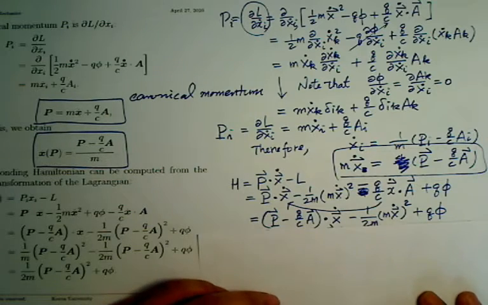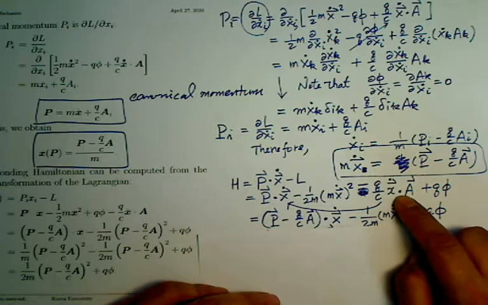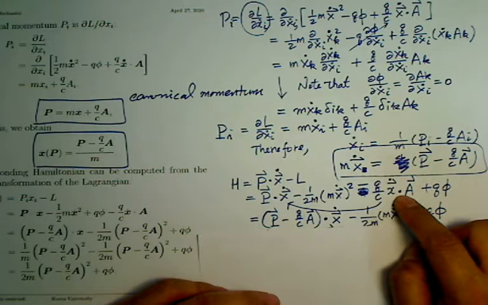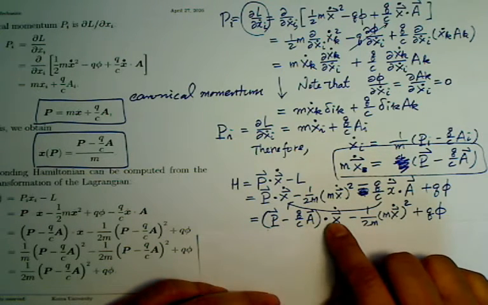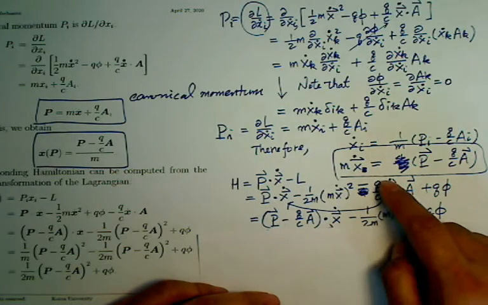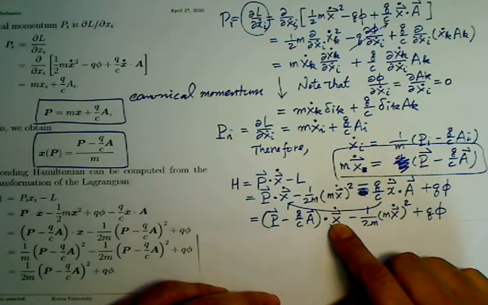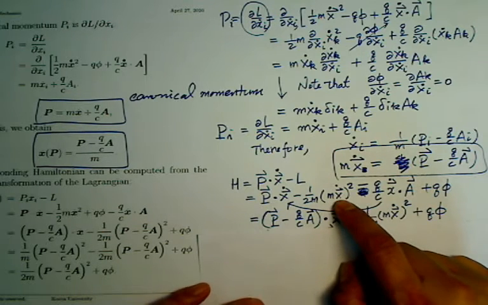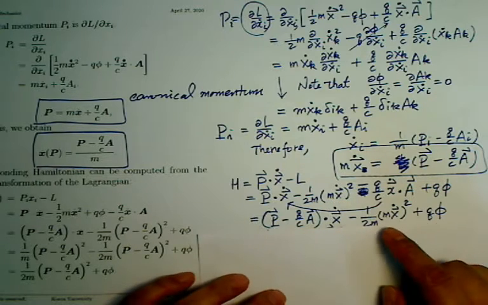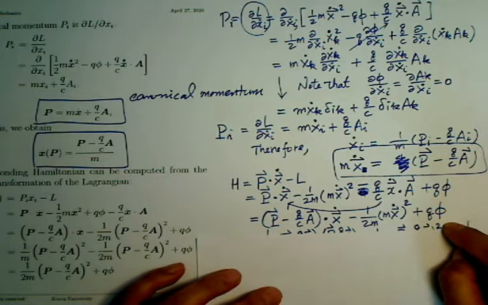Now let us combine these two pieces. Both of them have the vector x dot. The x dot vector is factored out, so the factorized form is p minus q over c A dot x dot, right? And the original kinetic energy piece is copied in here, and the electrostatic potential term moves here.